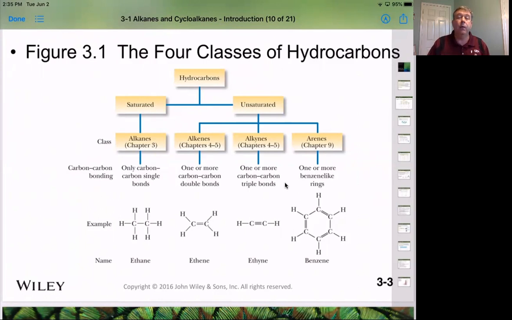If we had one or more carbon-carbon triple bonds, those would be called alkynes, and those are sp hybridized carbons. Okay, we can also have what are called arenes, which tend to be a certain type of double bonded carbons in rings that have certain rules that let them have different reactivity than other systems. We will be addressing all of these as the semester progresses.